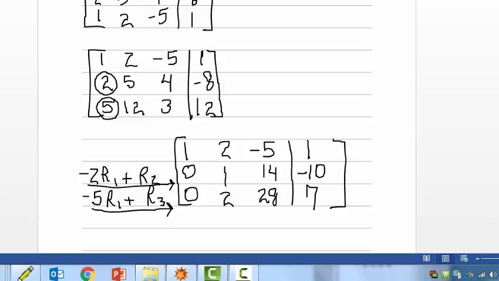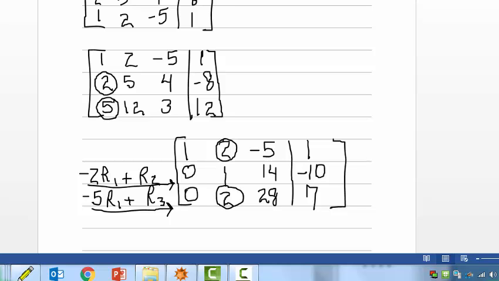All right, now I want to get my zeros in column 2. Since I'm in column 2, row 2 will be my anchor row, and I want to get a 0 in column 2 in row 1 and in row 3.